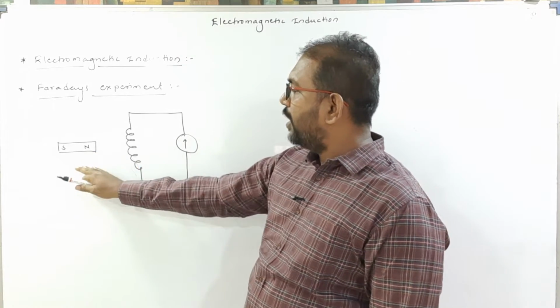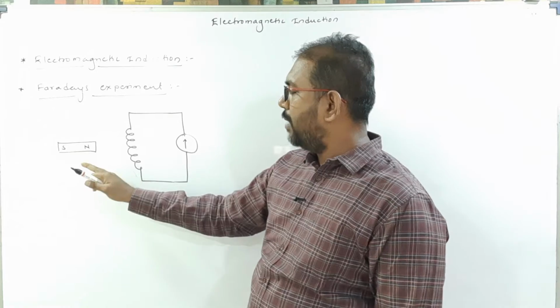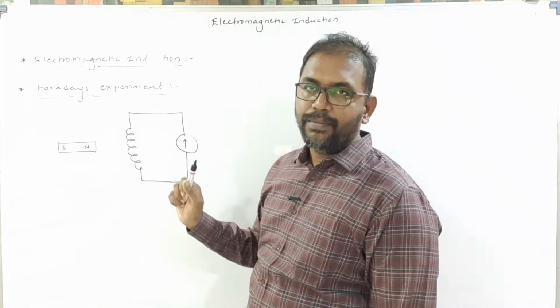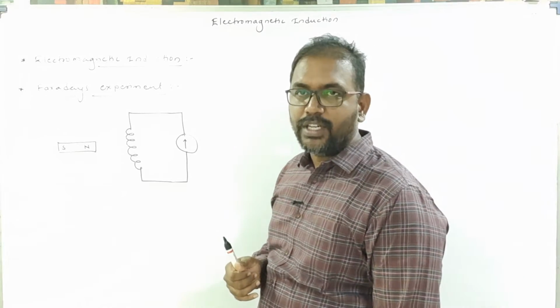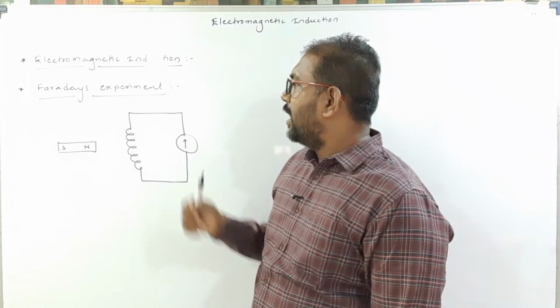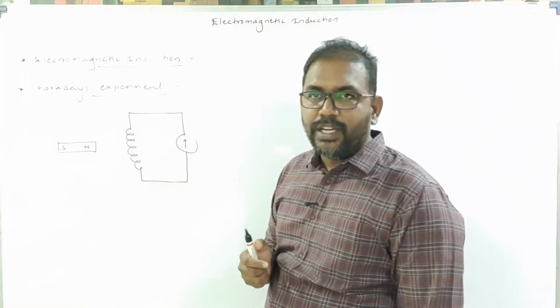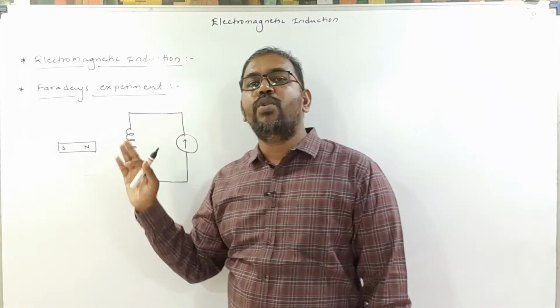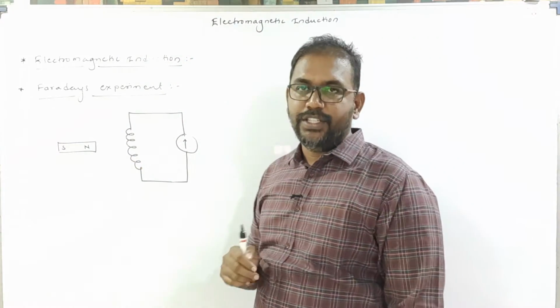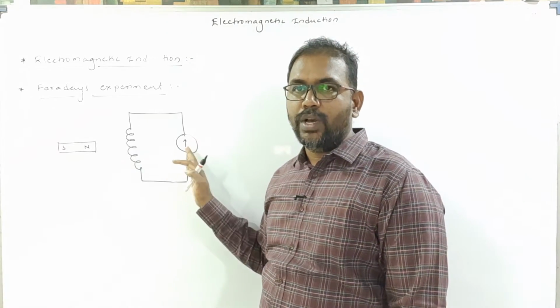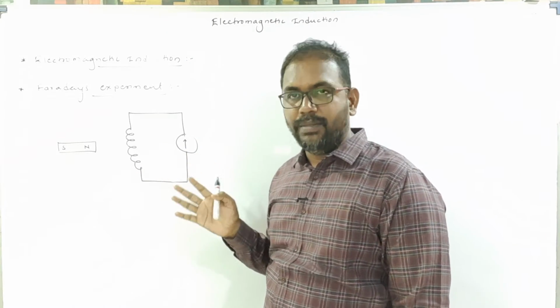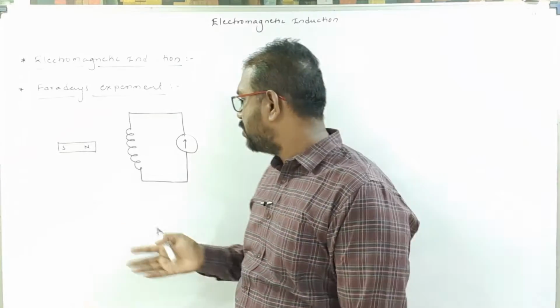The magnetic flux of this magnet associated with the coil changes, and only then do we observe this induced current. So we can write the conclusion here: EMF is induced only when magnetic flux changes. If the change in magnetic flux is 0, there is no current and no EMF in the galvanometer. I hope everyone understood this.